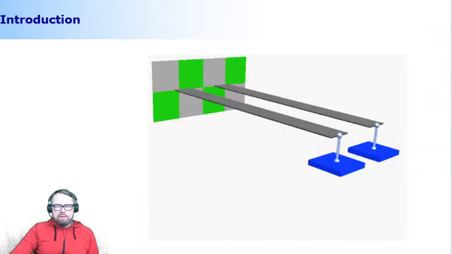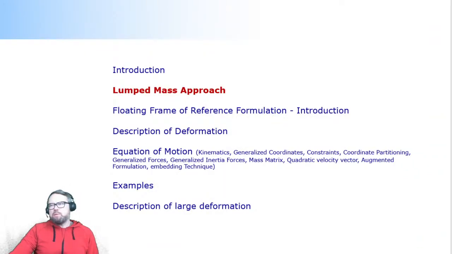All right, then something that you're already familiar with is this lump mass approach, which is a kind of coarse way to describe the flexibility, but not as coarse as something that was used in a very early phase of when the flexible bodies were described. That method was called linear theory of elastodynamics.